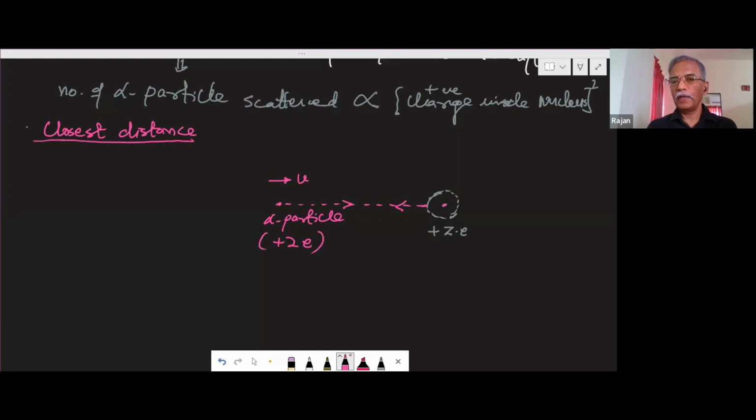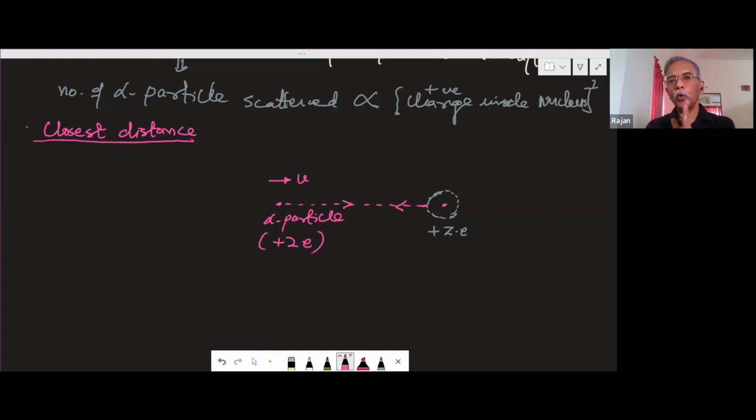If it goes inside that nucleus, the moment it crosses that boundary, it will never come back, even if you have projected it with more speed.